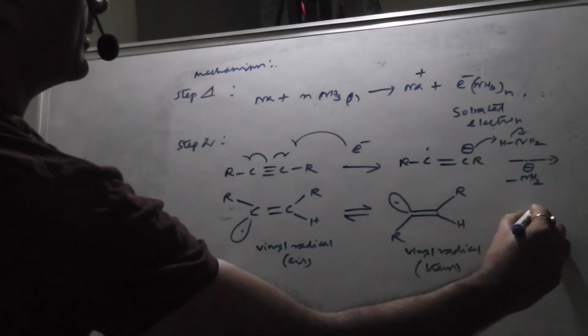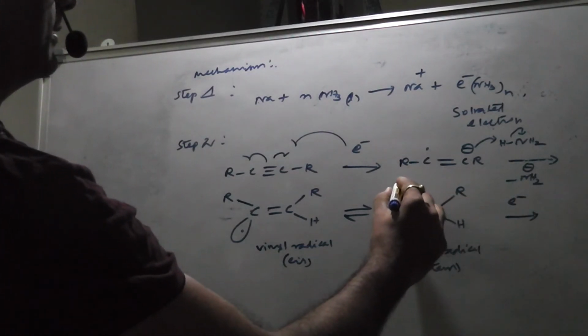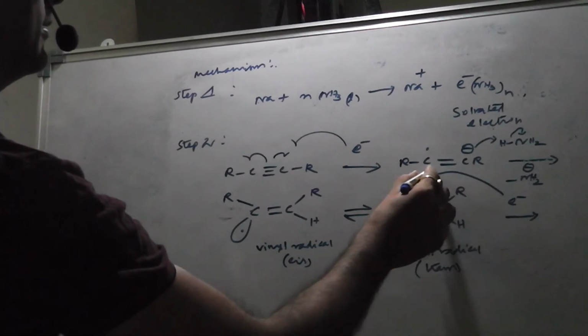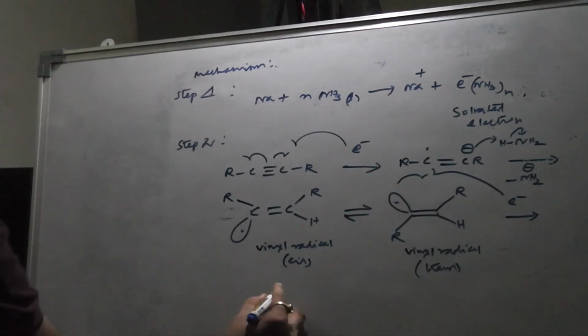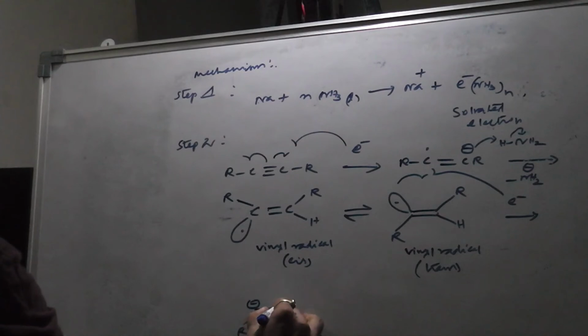Now the solvated electron comes once again, so it makes a negative charge on that particular terminus carbon, with R and hydrogen.